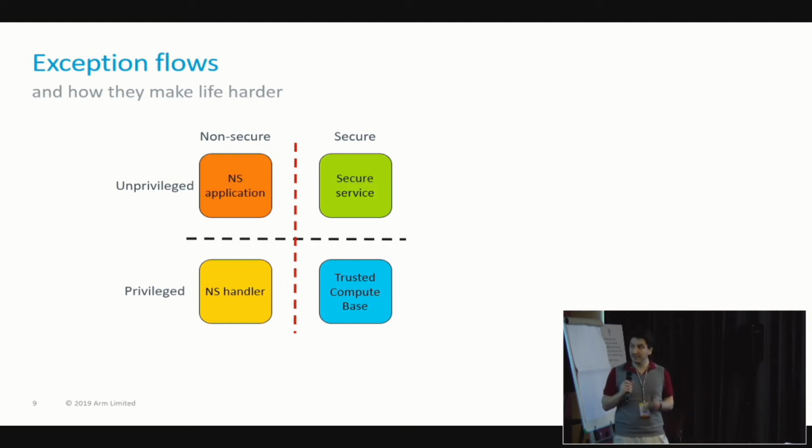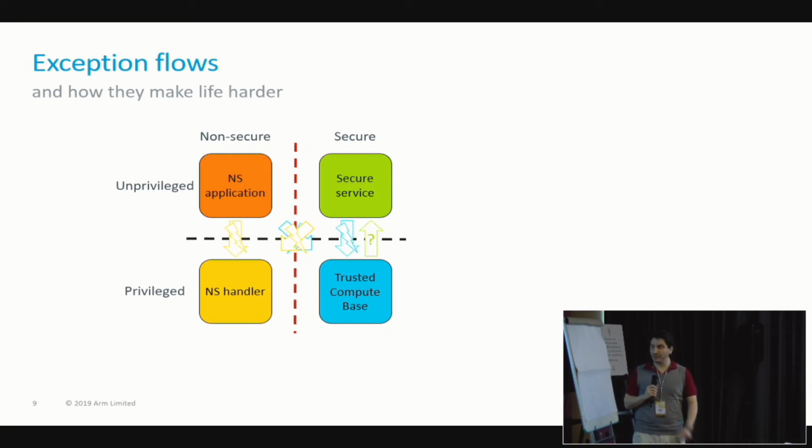We have exception handlers on the non-secure side. We have the regular secure services which are running in secure mode but potentially are unprivileged. And of course, exception handlers on the secure side are privileged and they form part of the trusted compute base.